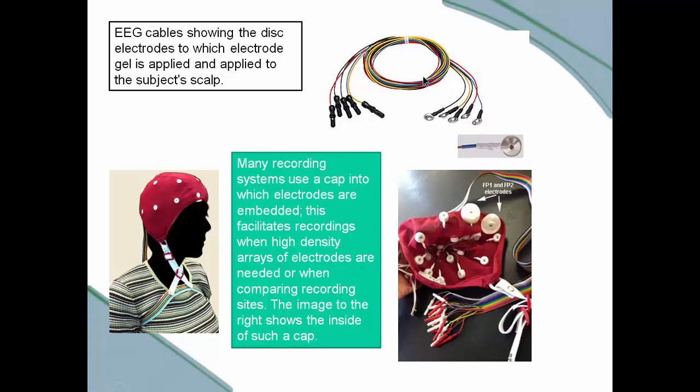We will discuss its basic configuration, which is called the 10-20 configuration. In this, these electrodes are embedded into the cap, and we can do high density arrays and measure a lot of different points relative to brain anatomy by using these electrode caps right here.